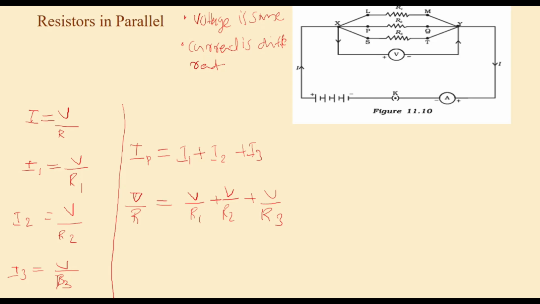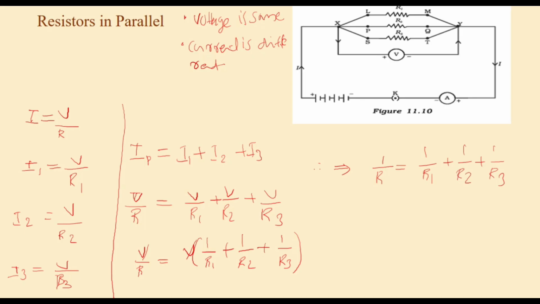So V is the same, so we take V outside: V by R is equal to V times (1 by R1 plus 1 by R2 plus 1 by R3). So this V will be cancelled out, and finally we get 1 by R is equal to 1 by R1 plus 1 by R2 plus 1 by R3.